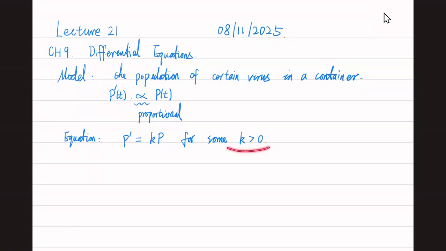So here k is positive, it is the growth of the population. So this is a differential equation.